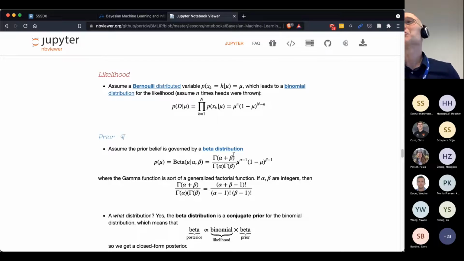But if you choose a Bernoulli distribution, all right, that kind of makes sense, right? As an interpretation of the physics of throwing a coin, well, there is a probability for heads in this coin. I don't know what it is, but I'm going to call it mu.